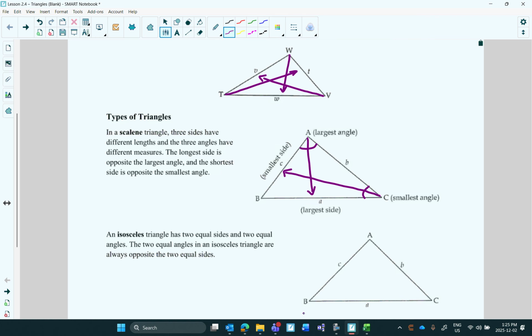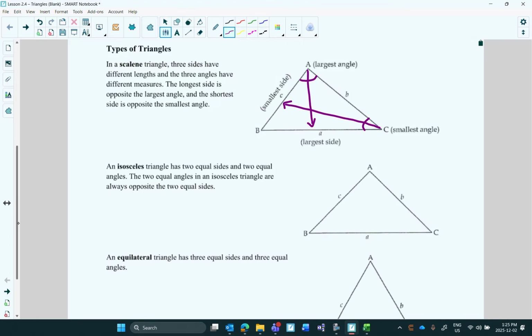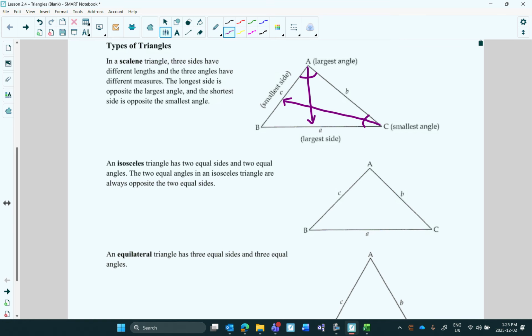In an isosceles triangle, two sides are the same. One side is different. So in this one, here's an example of an isosceles where little b and little c are the same. But little a clearly is longer than those other two, so it's different.